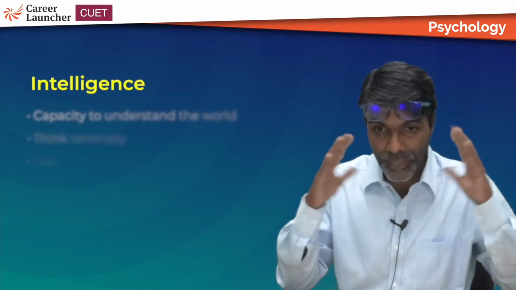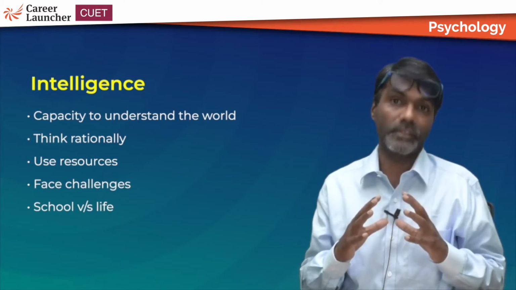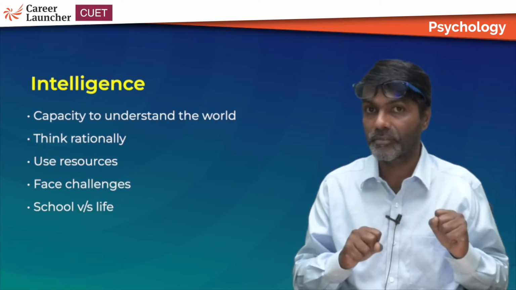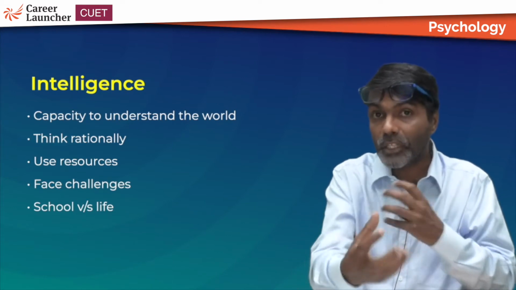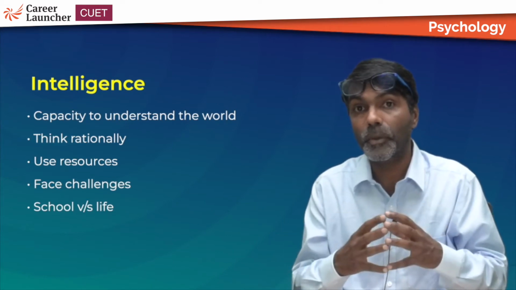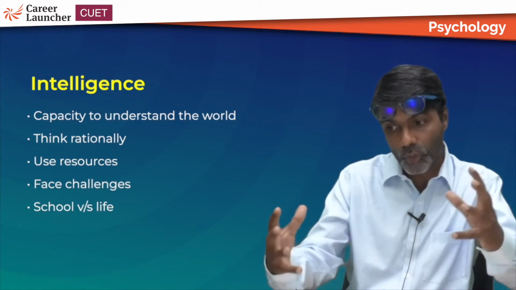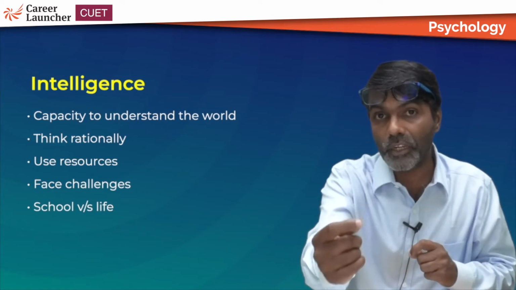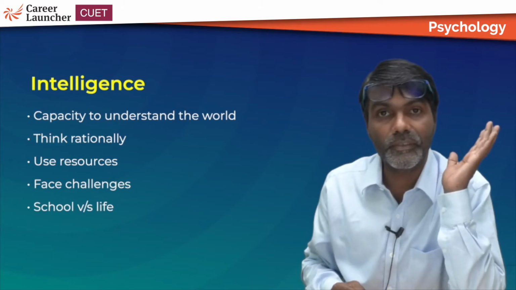Intelligence is defined as the capacity to understand the world around me, to comprehend a situation, and then to analyze it and make choices by understanding what the goal is and what the resources are. And combining these two, how I can move toward my objective, this capacity is called intelligence.